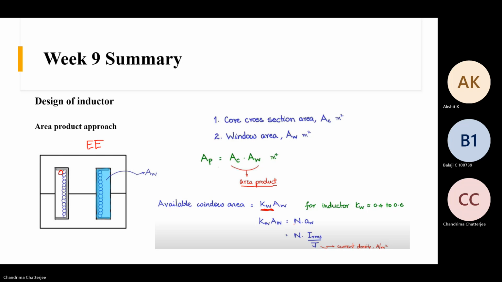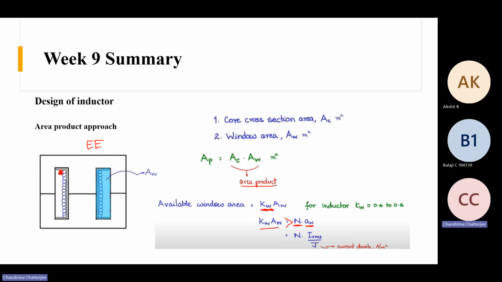Whatever number of turns N you choose, if this is your wire cross-sectional area AW, this circular area, then N times AW should be at most equal to KW AW. That is, KW AW should be greater than N times the wire cross-sectional area.